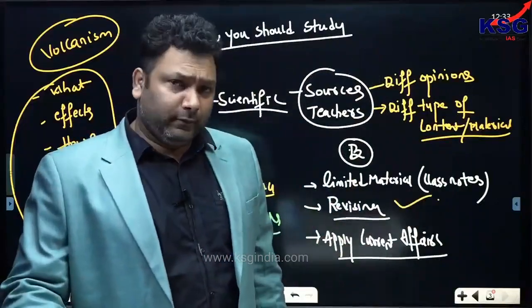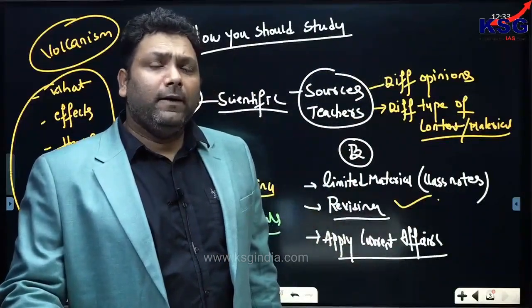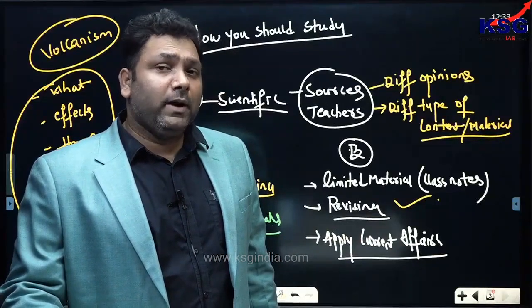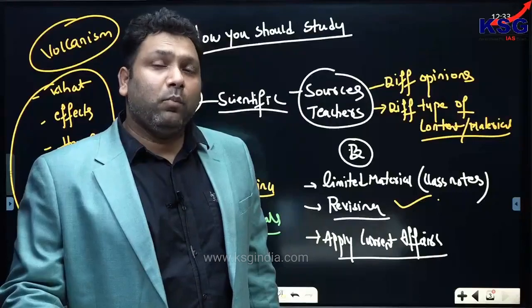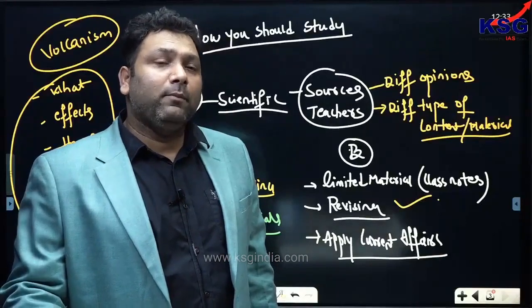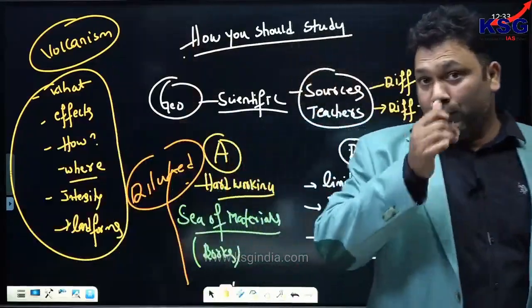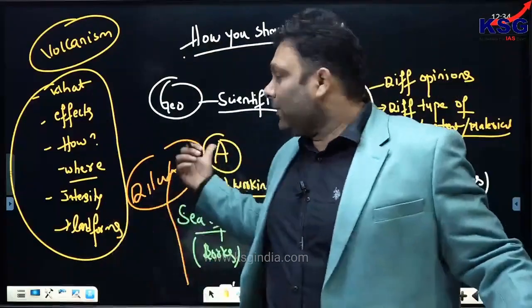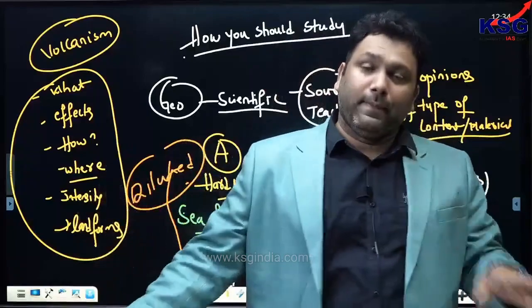So when you'll be reading newspapers, or when you'll be coming across your current affairs booklets, you'll be able to pick up the relevant points which are applicable to your topics, and UPSC will be awarding you marks more for application.